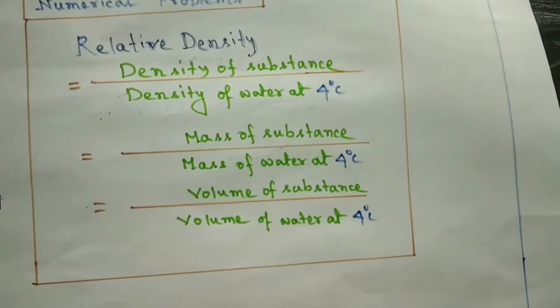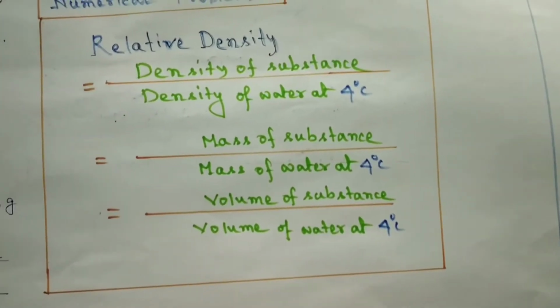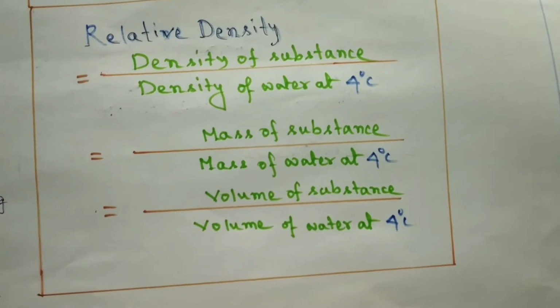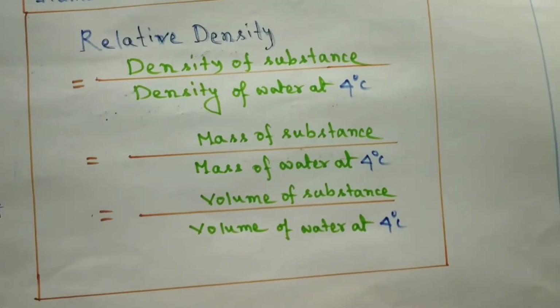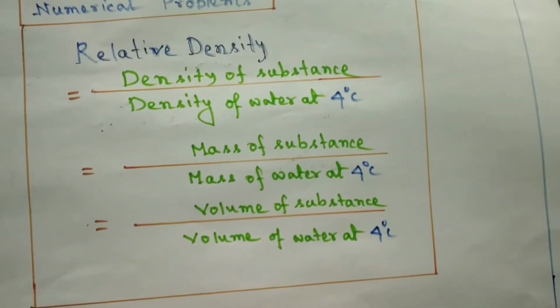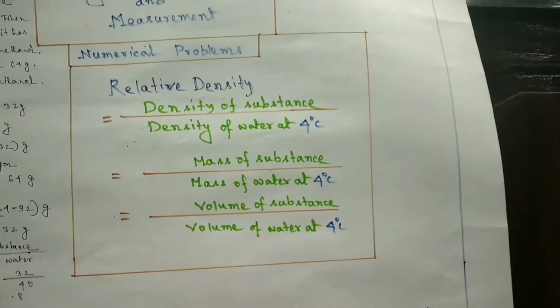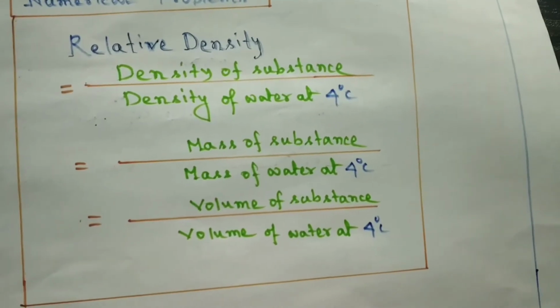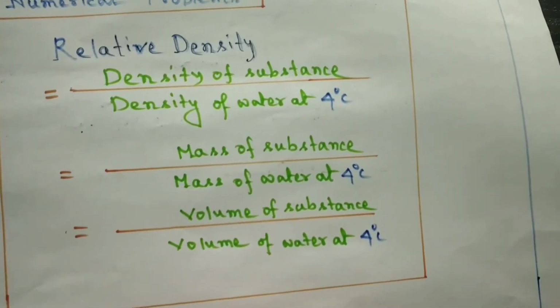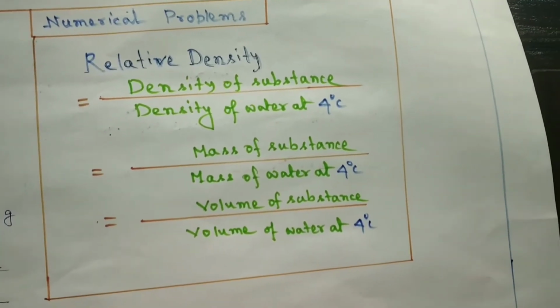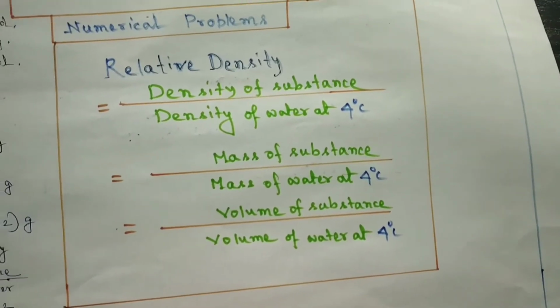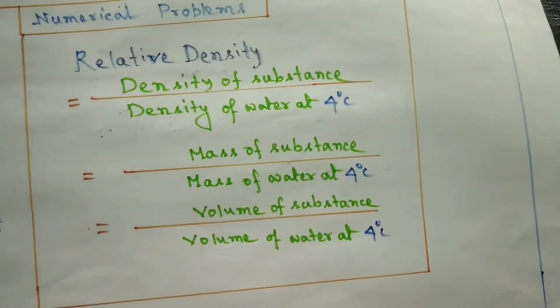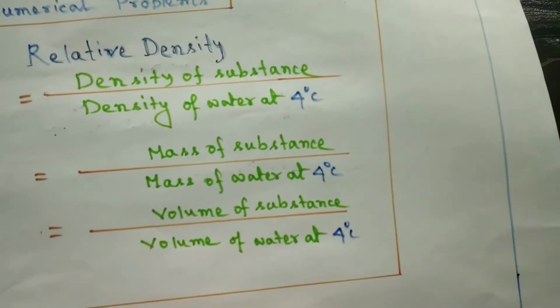That means one formula can be represented in these three forms. The formula is basically the same. It is the comparison, the ratio between density of substance and density of water at 4 degrees centigrade.